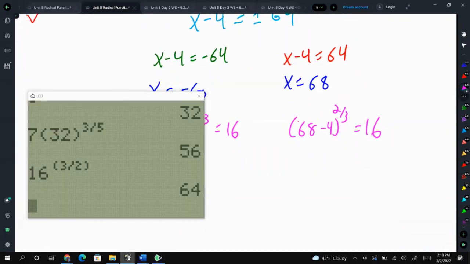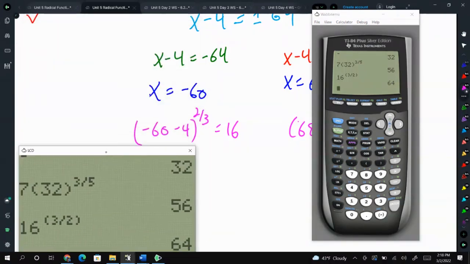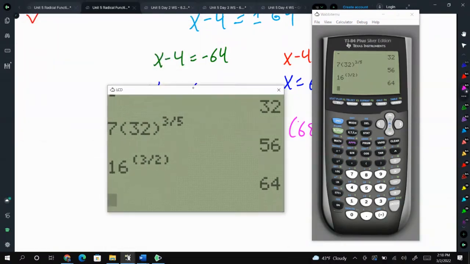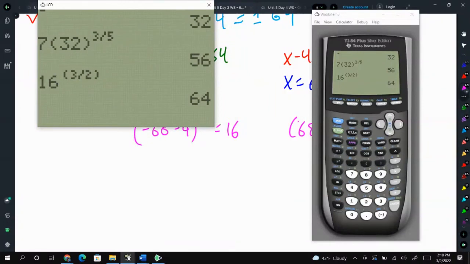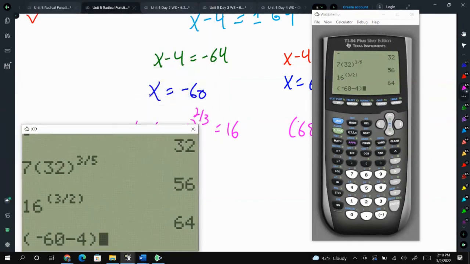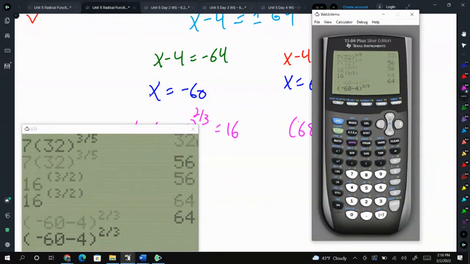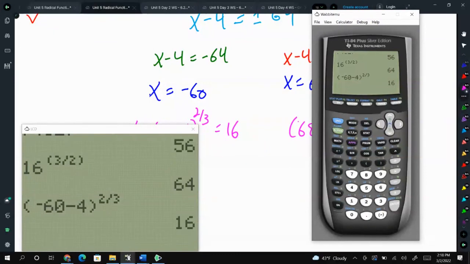So in our calculator, parentheses, negative 60 minus 4, close parentheses, raised to the 2/3 power, does equal 16.